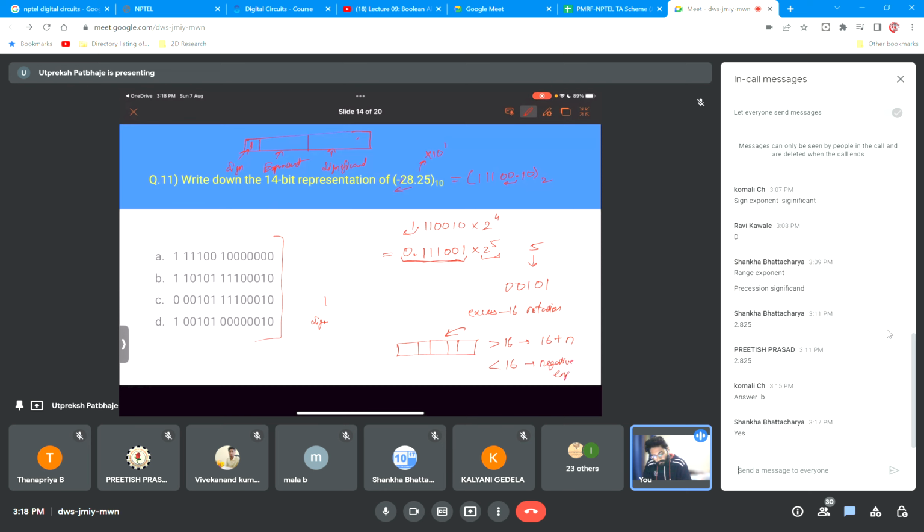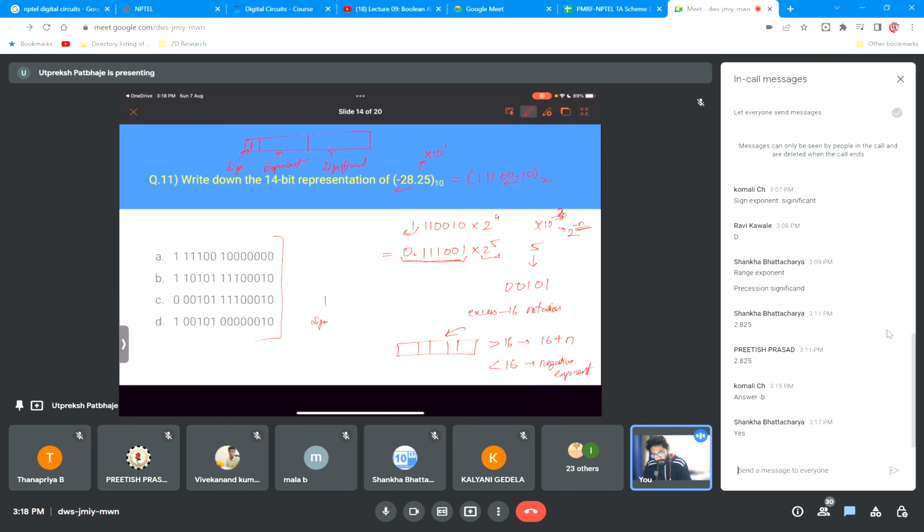So this is to adjust the negative powers of 2, or suppose you need to define a number that is in powers of 10 to the power minus 10 or something. Let's just assume 10 to the power minus 3. So if you try to back convert it, it can be something in 2 to the power minus n.